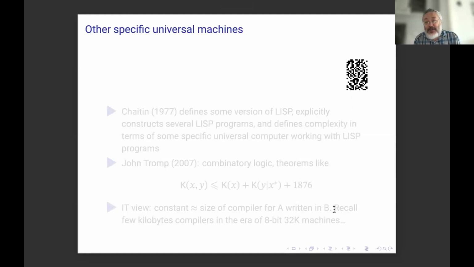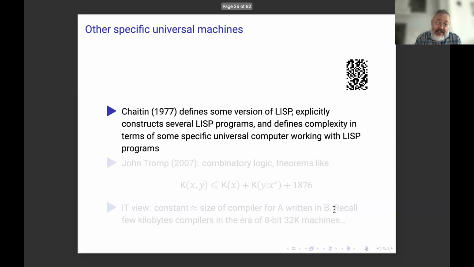And there is a nice picture which shows another attempt to get an efficient interpreter. You see that this picture is not that big. You can look at it, and this is first Chaitin, who tried to do something with Lisp.